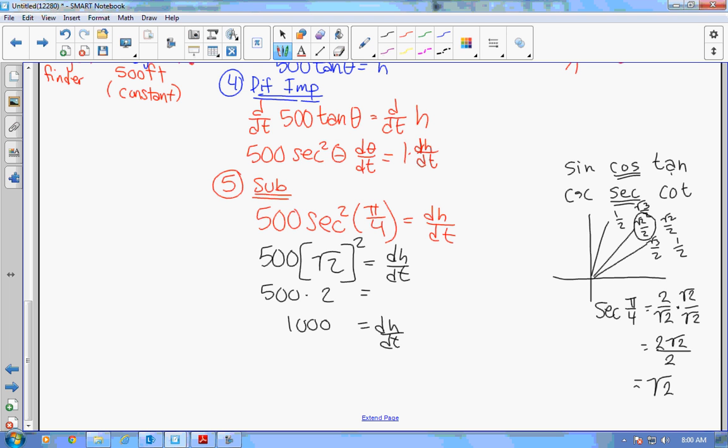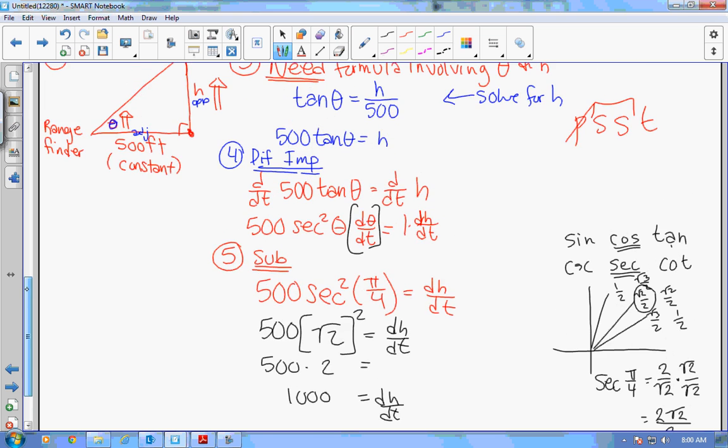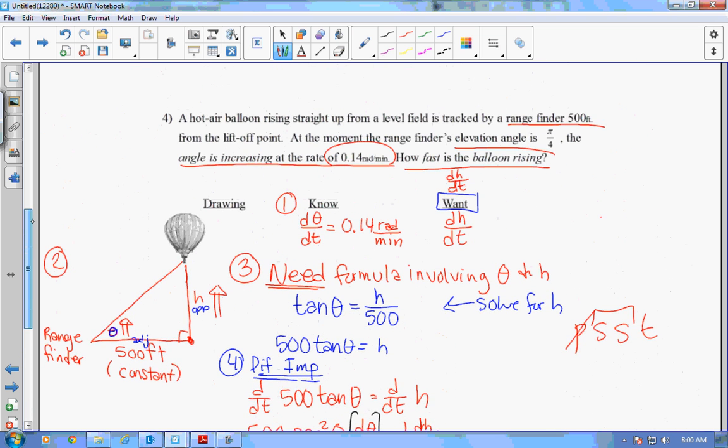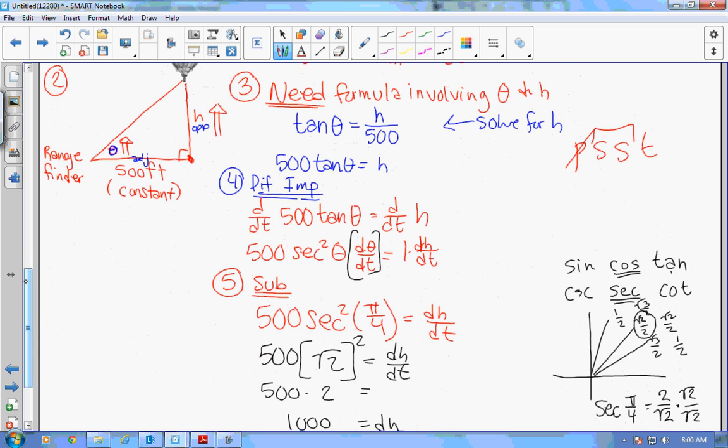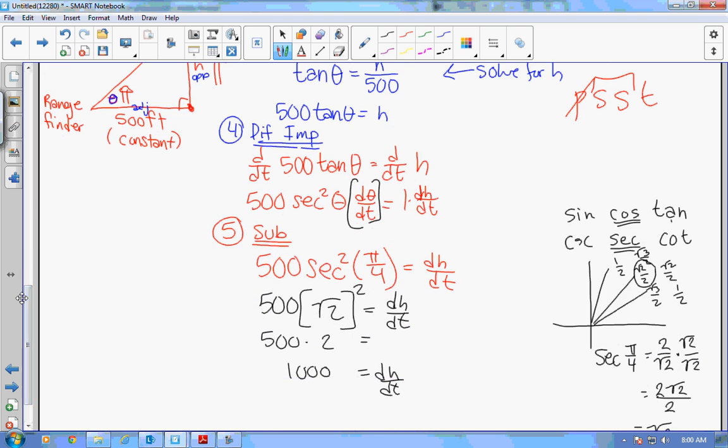Oh! I missed something that we needed to times by. Look! d theta/dt. I was like, I don't remember it being 1,000. We didn't plug in one thing. What is d theta/dt? 0.14. So after the pi over 4, we have to times by 0.14, which is really not too bad to times by 1,000.